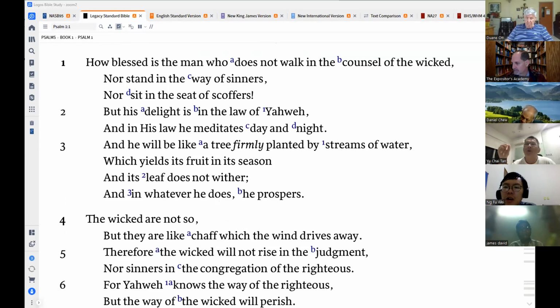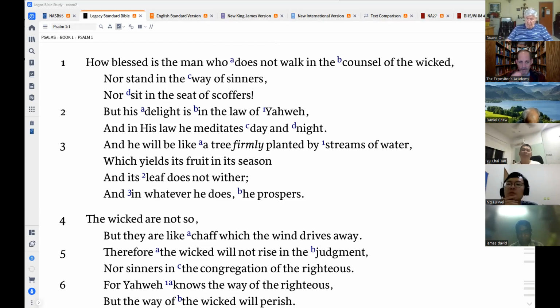You start by walking amongst them, then you feel so comfortable you stand in the ways of the sinners, and next you know, you sit with the seat of the scoffers. You are having fellowship with them. So he cautioned very strongly that sin slows us down, and there is a progression from wicked to sinners to scoffers. So I think there's a set of images there as well.